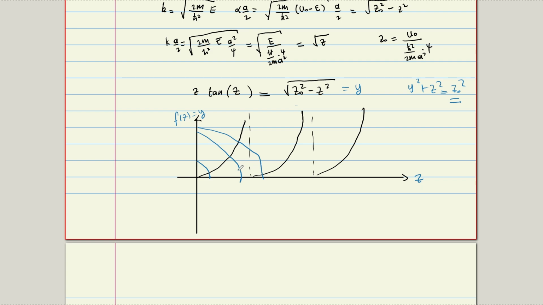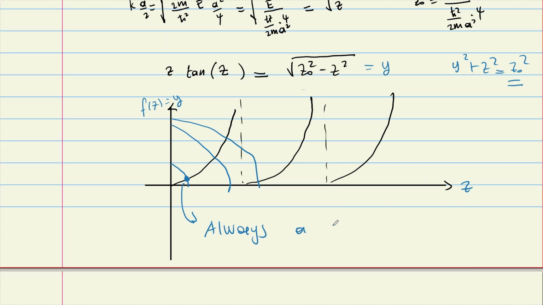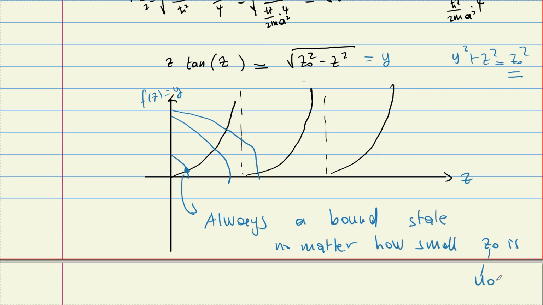Is that clear? First of all, there is always a bound state, no matter how small z naught is, which is, by the way, u naught.